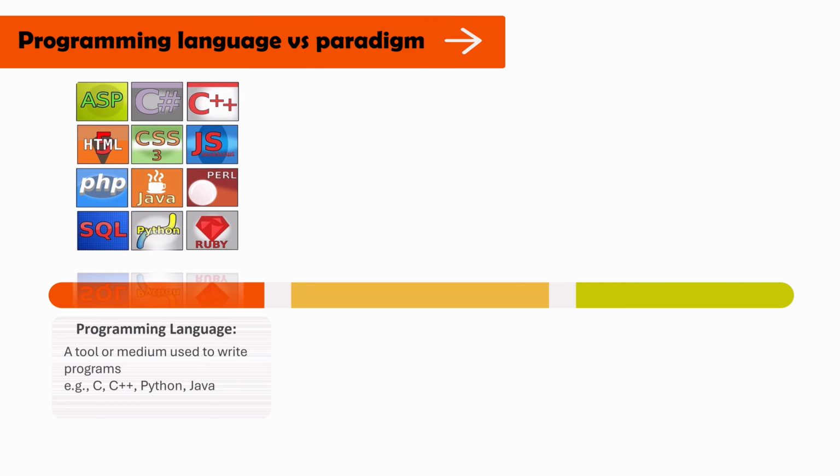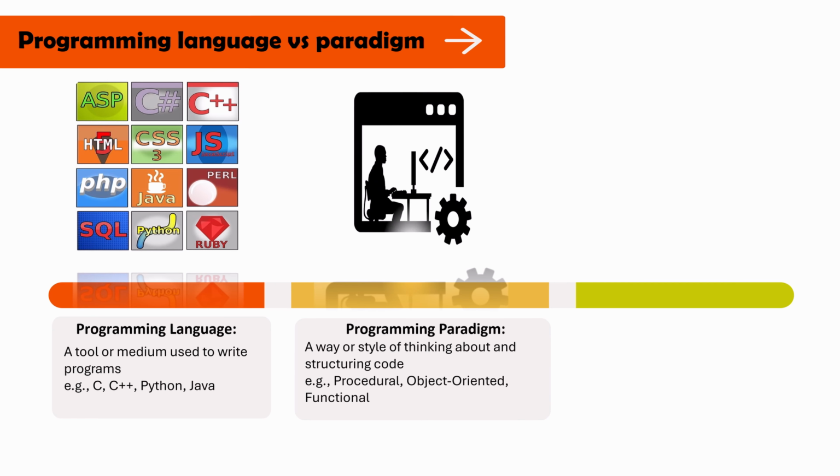A programming paradigm is basically the mindset or the approach. It's a way of thinking, a conceptual model for structuring and solving problems. So it is not about the syntax, but how we design our solutions. For example, the procedural paradigm focuses on functions and step-by-step instructions, whereas object-oriented programming focuses on objects and their interactions.